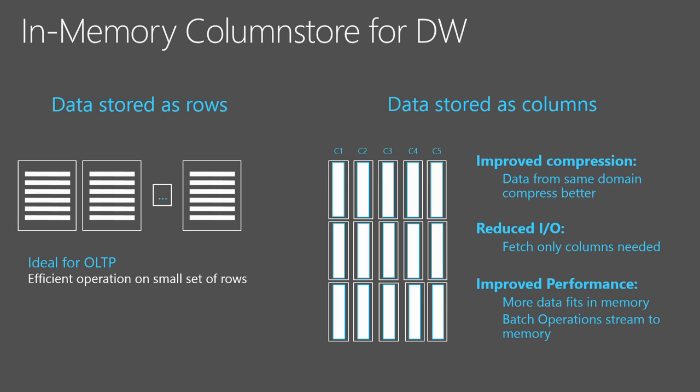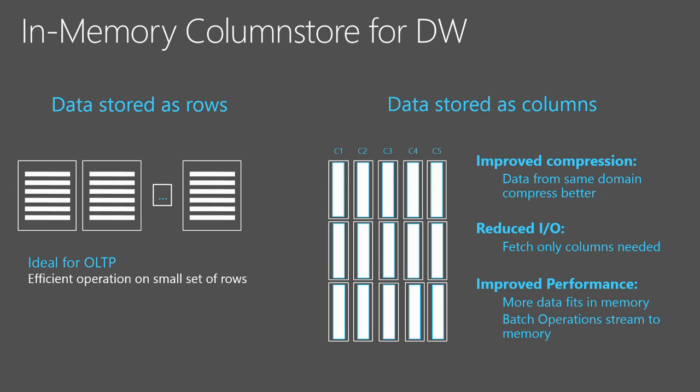So again, we get improved compression. Typically, when we're ordering in a column format, particular columns will have a lot of redundant data, so we can get some significant compression gains there. As well, when we're fetching, we're no longer pulling up pages. If you select on particular columns, we can just pull those columns into memory. We have some improved performance in having more data that can fit into memory, and we have certain operations that are basically optimized to take advantage of memory.